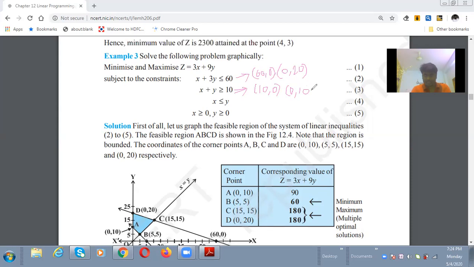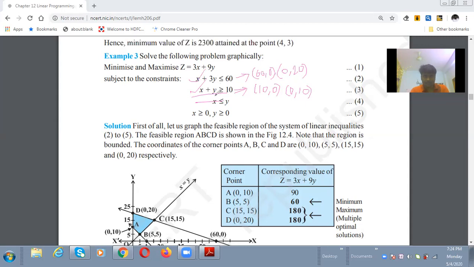After that, as we have two equations, we have to solve them and take the point of intersection also. If I solve these, x gets cancelled, then what will we get?